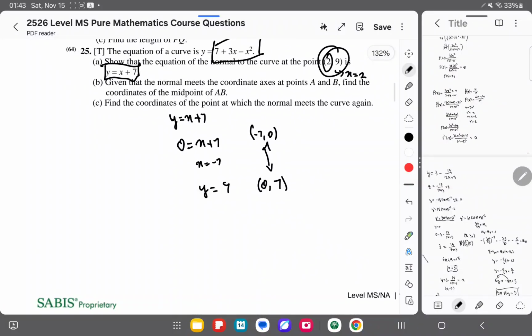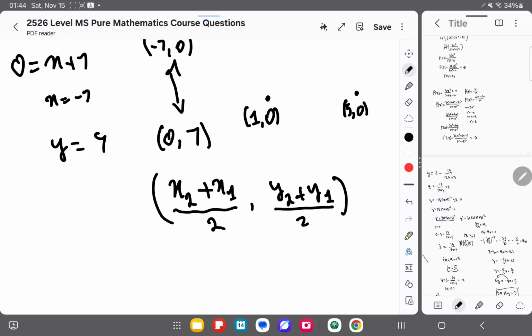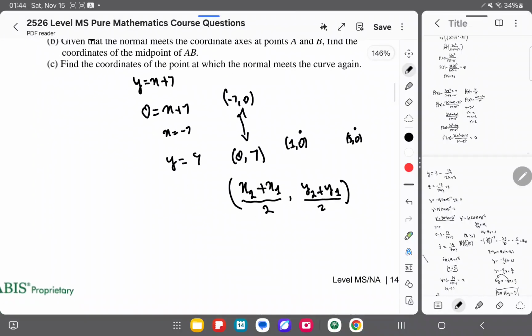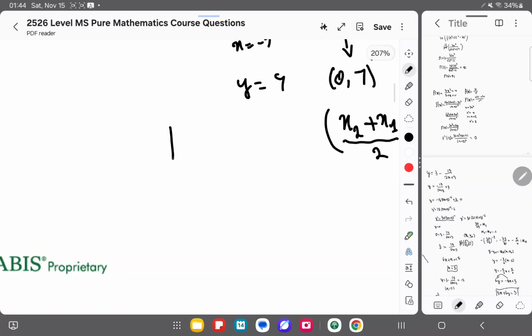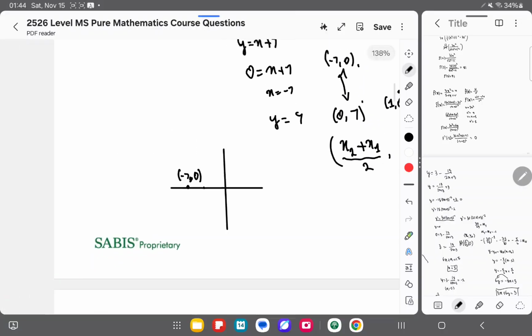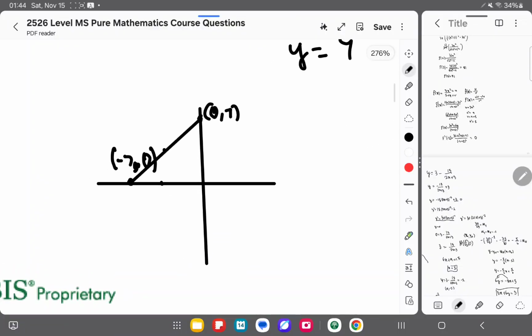Now they want us to find the midpoint. I wrote down the formula to get the midpoint between these two points. I want to assume it's built like this, where over here it's minus 7, 0, and over here it's 0, 7. So we have this line just built here, and we want to find the midpoint.